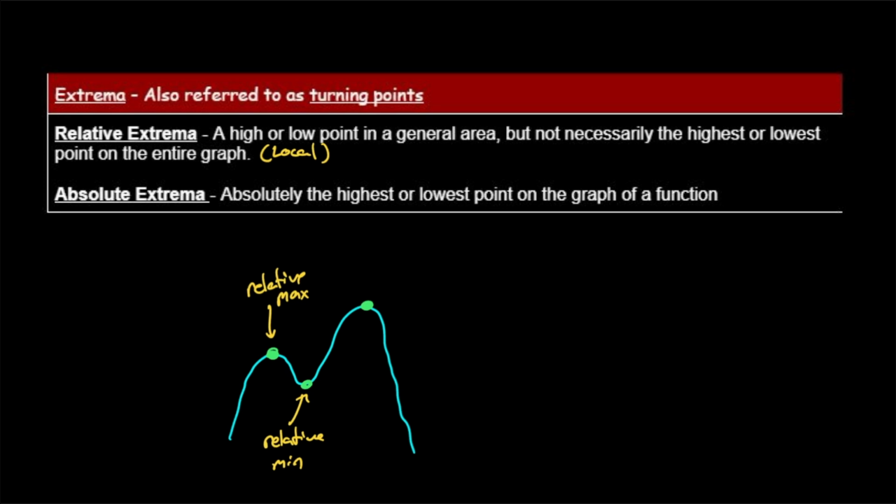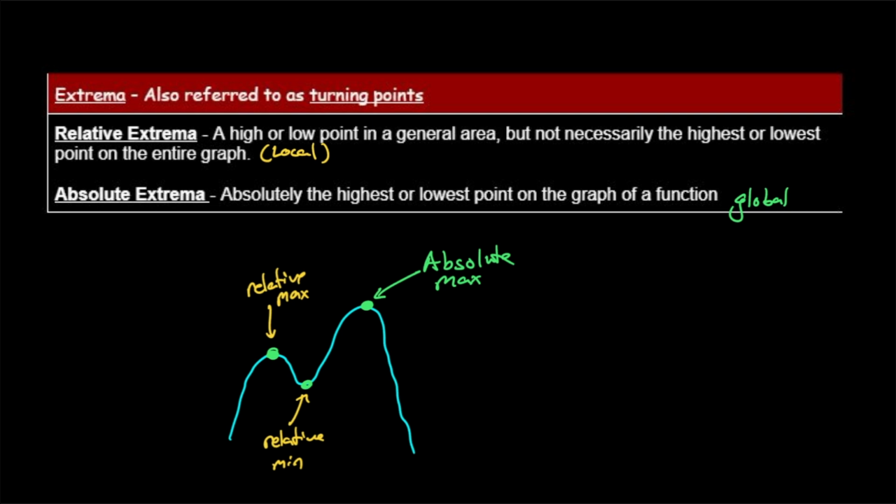The other type of extrema is the absolute extrema. This one doesn't have an absolute minimum, but it does have an absolute maximum, which is absolutely the highest point on the graph. These are also called global, and they could also just be referred to as max or min without the extra word. So you can also picture this from a global perspective, planet-wise.